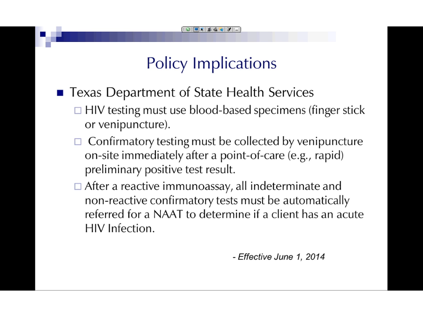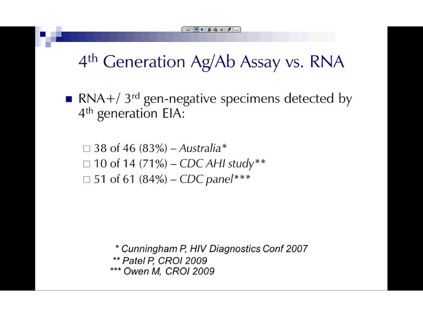And I think that takes us into what CDC will be recommending as the new diagnostic algorithm. The fourth generation antigen antibody assays in several different studies have been shown to pick up between 70 and 84% of individuals who are RNA positive but antibody negative even on third generation antibody tests.